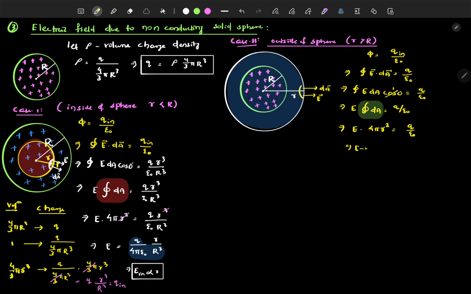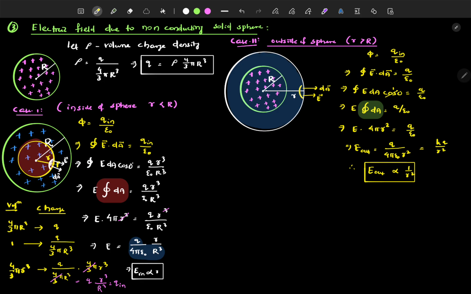So E out is Q divided by 4 pi epsilon naught r square, or you can write KQ by r square. From this we know E out is proportional to 1 by r square, and E in is directly proportional to r.